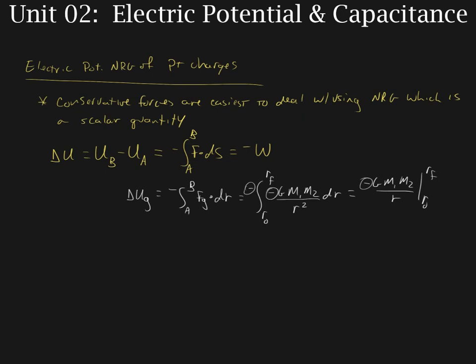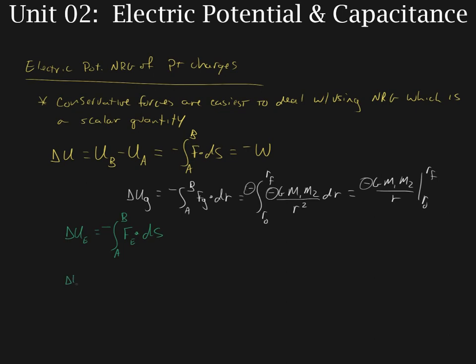Okay, so let's take a look at developing our expression for electric potential energy. So delta UE is equal to the negative of the integral from A to B of the electric force dot ds.